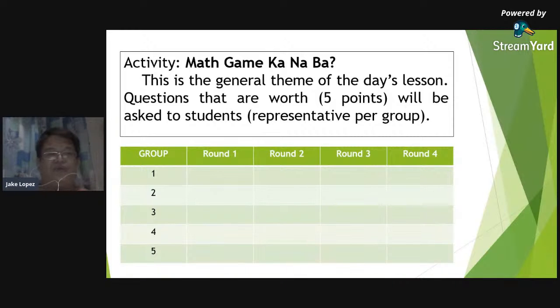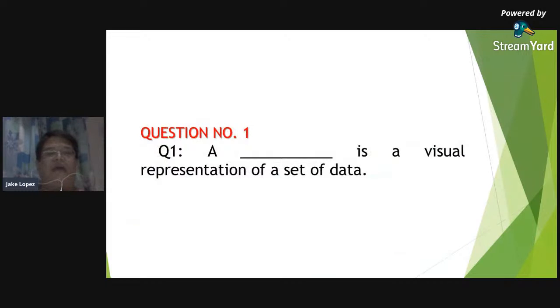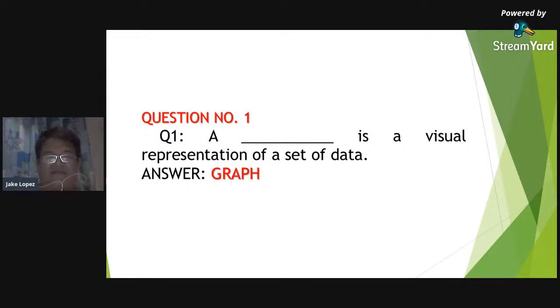This particular lesson is like a game. But since we're not in the actual physical classroom, we would have to give you points instead. Question number one: a blank is a visual representation of a set of data. What is the answer? Graph. A graph is a visual representation of a set of data.